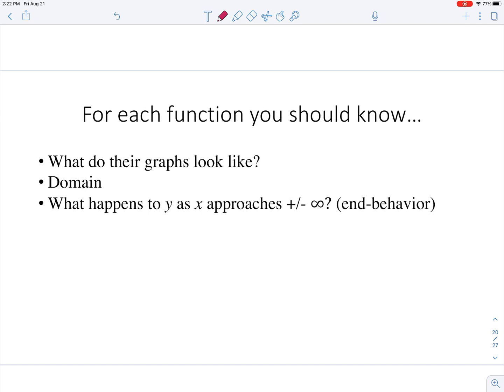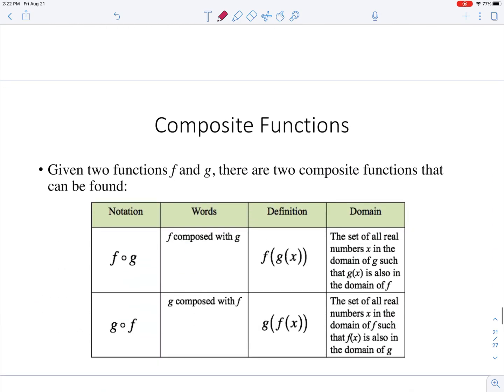And it would also be extremely helpful if you knew what their end behavior looked like. So what's happening to the y coordinates as x is approaching positive or negative infinity. And we'll talk more about end behavior, especially with limits.